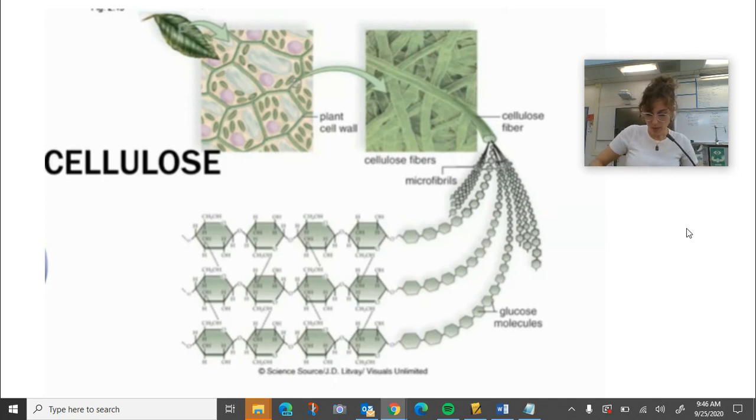Okay, plants, let's refer back to our starch that we were just talking about. Plants can use those sugar stores, like their starches, to help build their cell walls. As they're growing, they need to build more cell walls to continue to build more cells.